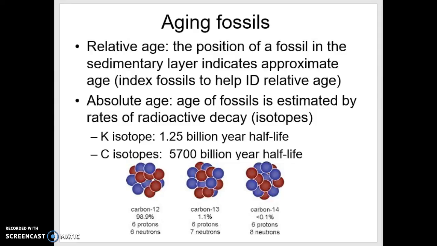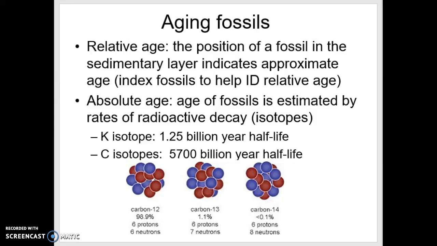They existed for a window and then they disappeared. Those are index fossils. So other fossils that are present in the same rock layer, the same sedimentary layer, would assumably be the same age. Now, they may have been there earlier or may have existed longer, but if they're side by side in a fossil layer, we know, hey, they're around at the same time.